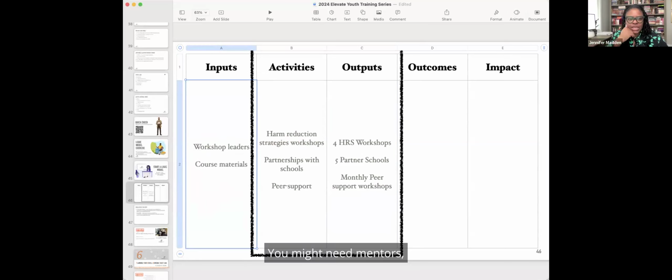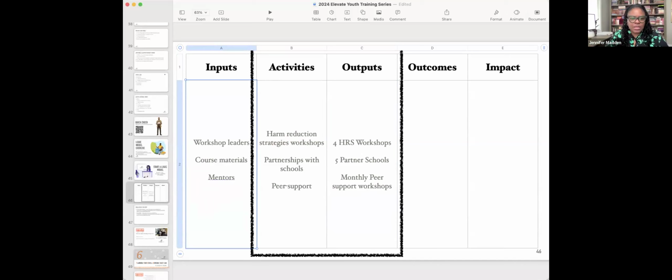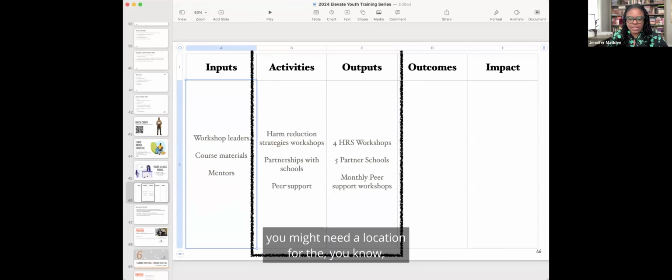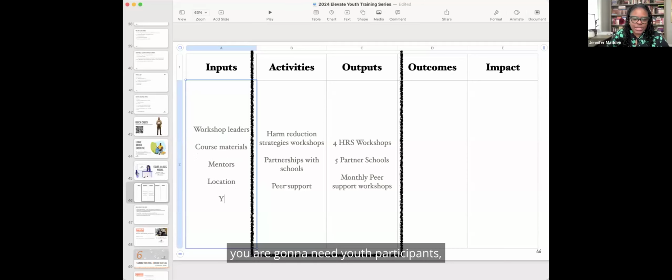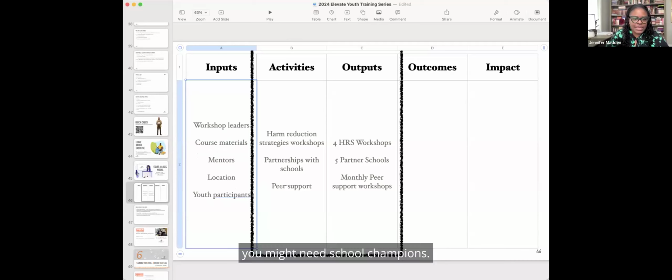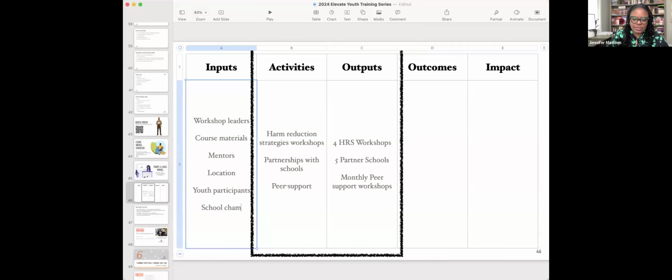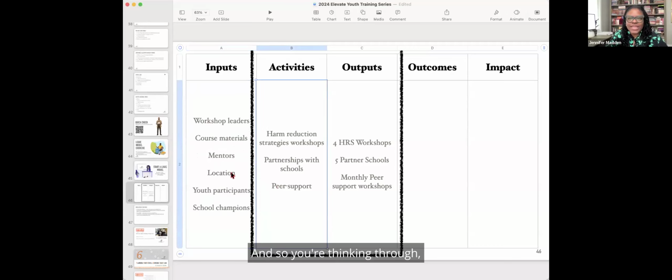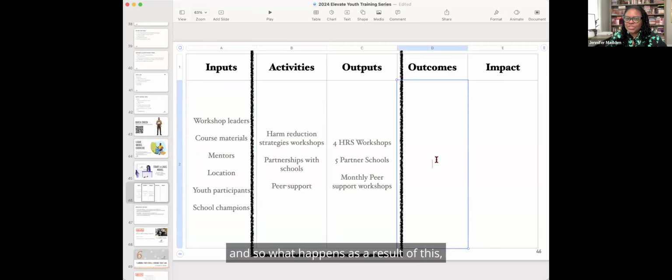You might need mentors. You might need a location for this, you're going to need youth participants. You might need school champions. And so you're thinking through, and so what happens as a result of this?